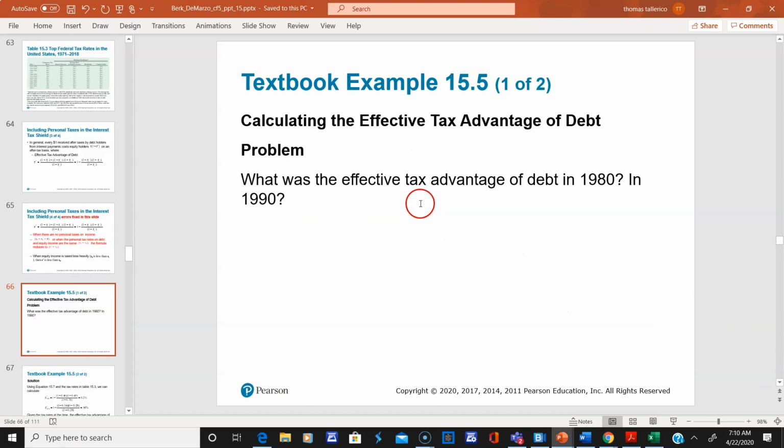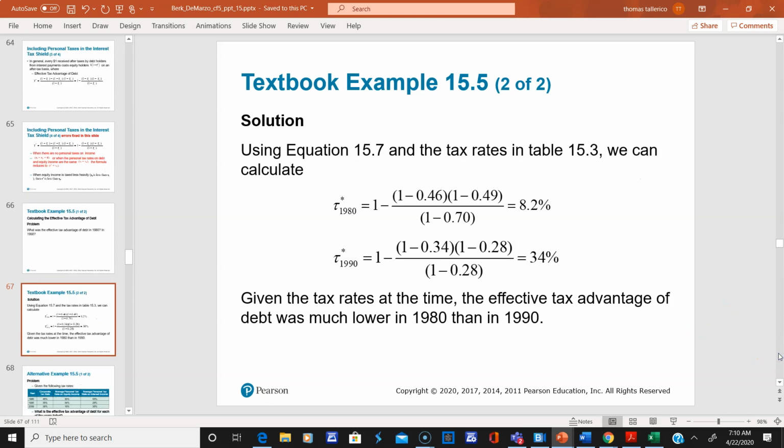All right. So here's an example from your book about calculating the effective tax advantage of debt in 1980 and in 1990. And here's the math as they take the data from table 15.3. And here was the tax advantage of debt: it was 8.2% in 1980, and for 1990 it was 34%.